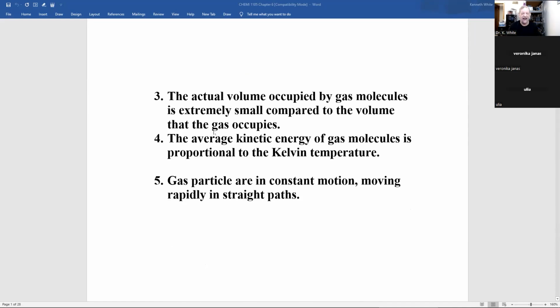The average actual volume occupied by the gas molecules is extremely small compared to the volume that the gas occupies. What does that mean? Well, in a solid, you've got the atoms as close together as you can get.